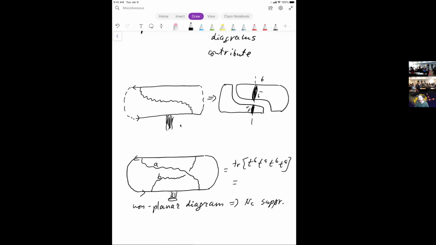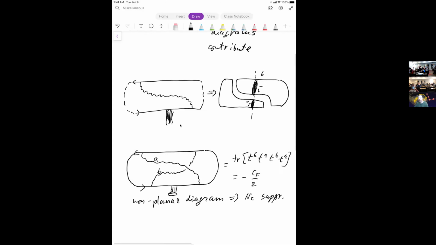I don't know what you guys know about the colors, but does anyone know what this trace is equal to? Okay, I'll take it as a no, but you do a calculation, you get CF over 2 with a minus sign.